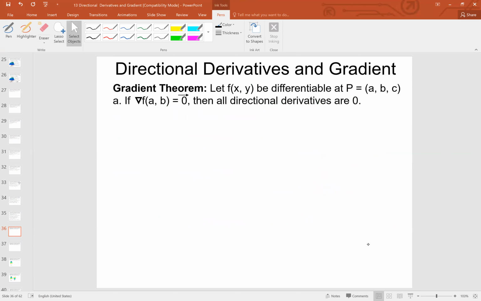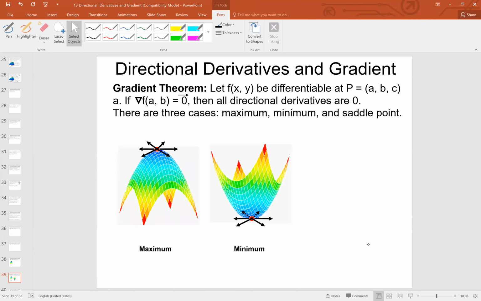Okay. An important fact about gradients: if the gradient is 0, that's what we have at maximum and saddle points. That's basically saying the partial x is 0, partial y is 0. That means you are at critical points.